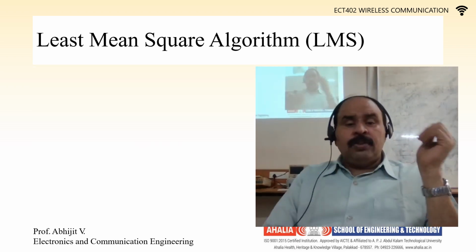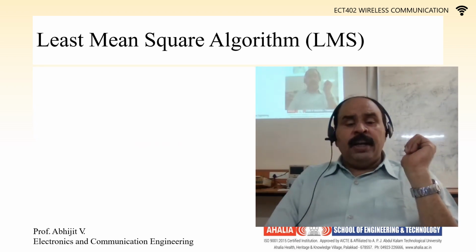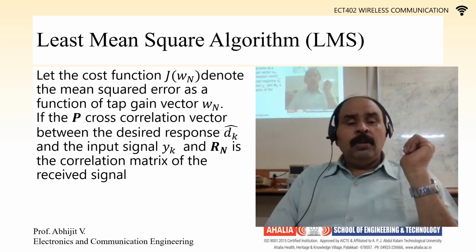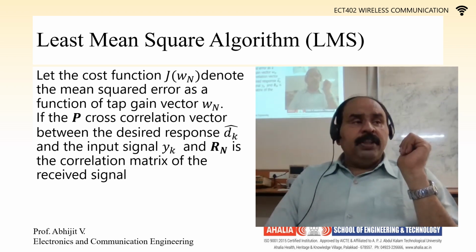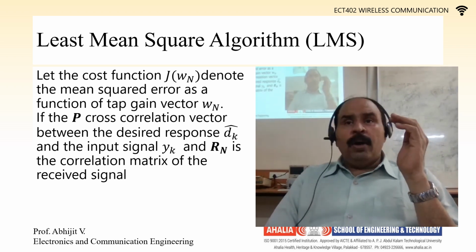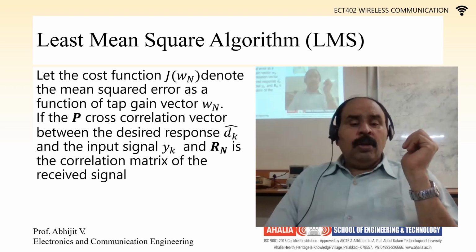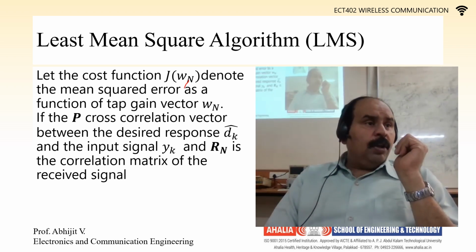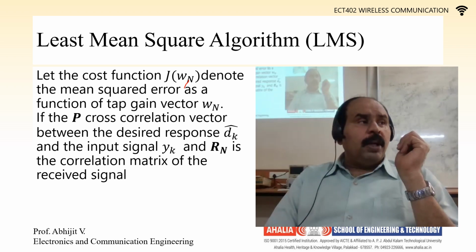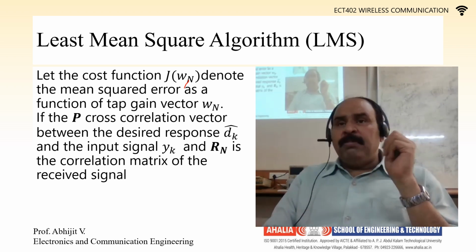Certain functions help us understand how we are going to minimize or reduce this and find out the optimal tap coefficients. So let us define a cost function, like what we have done for minimum mean square.